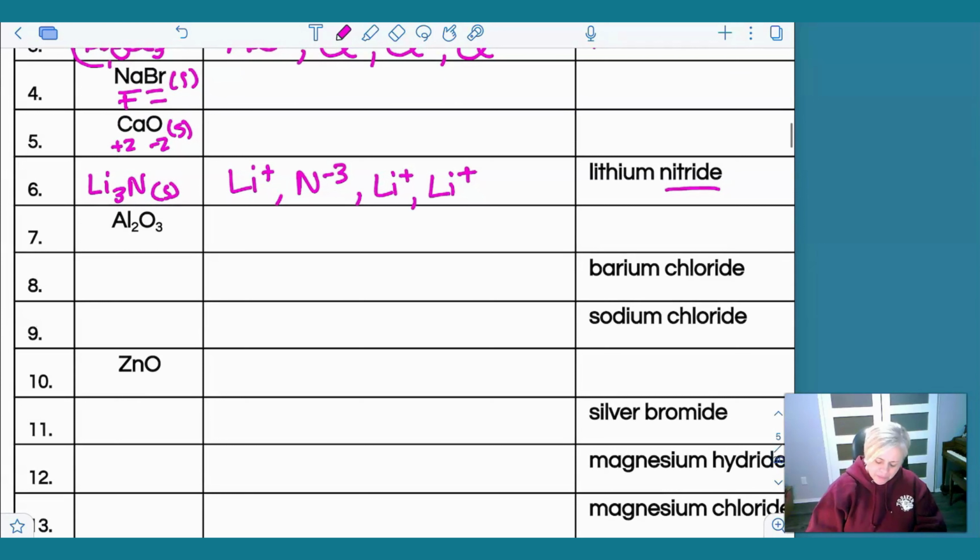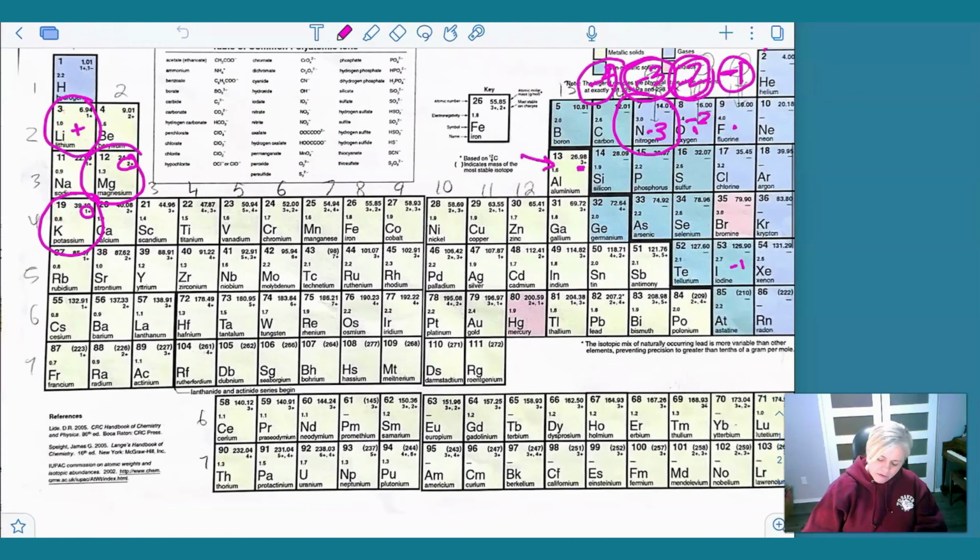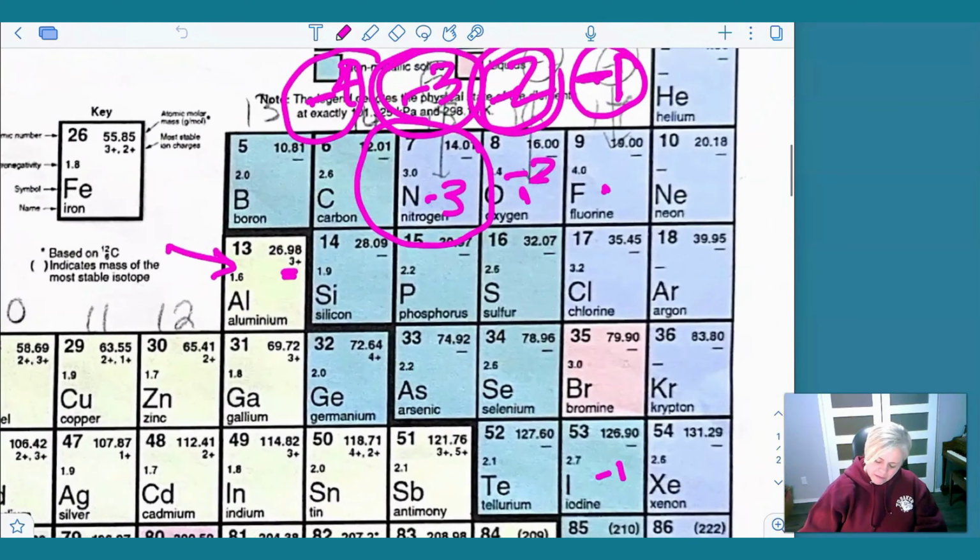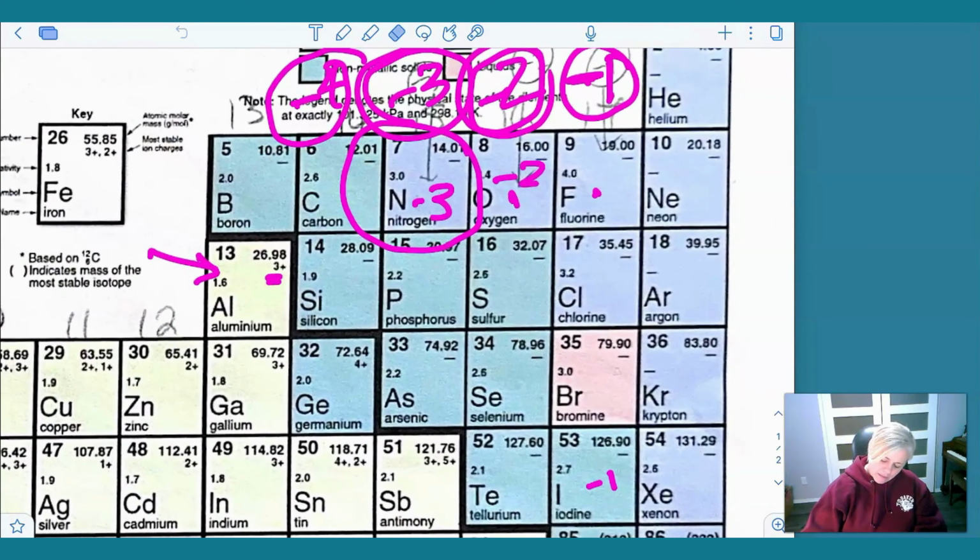Okay, if we remember before, aluminum's charge is +3, and oxygen has a -2. It is 2 away from the noble gases. All right, I've got a messy little periodic table here, but it is 2 away, 1 and 2. So it's going to have a -2.